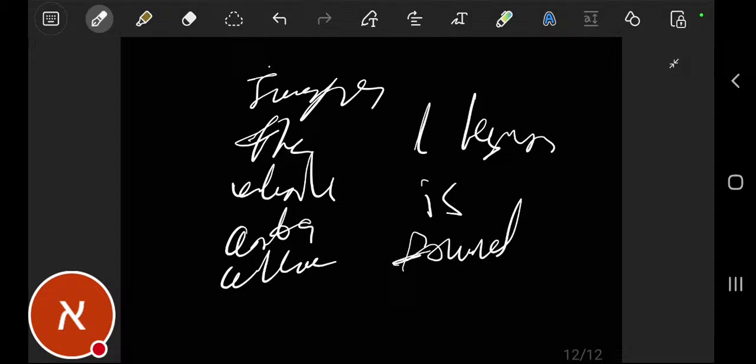Now, when I'm talking about ascending and descending, remember that the cutoff is around the brachiocephalic.